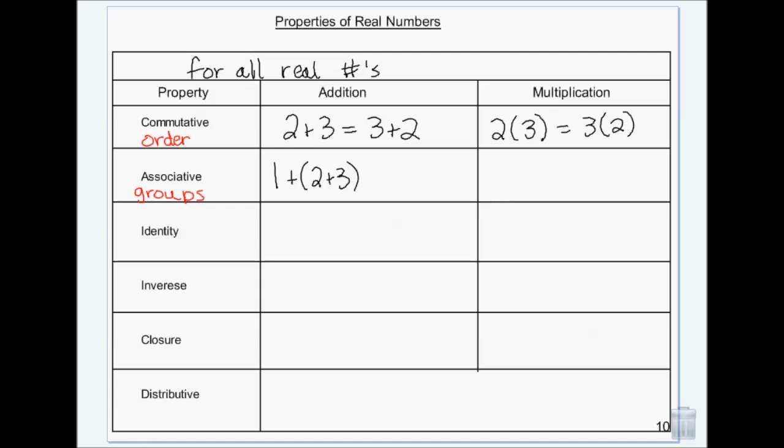So it doesn't matter with addition which group I do first. This is 1 plus 5, which is 6. This is 3 plus 3, which is 6. So when I group things, it doesn't matter. That's just like if I grouped you guys by half the students on the right and half on the left, or I grouped you by boys and girls, it's still the same number of people. Does that make sense?